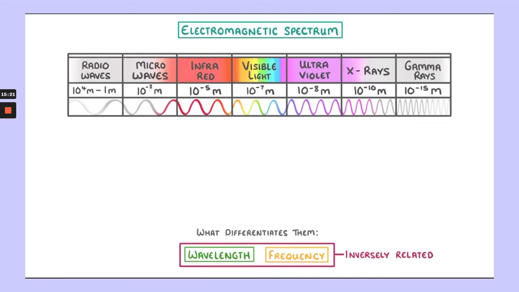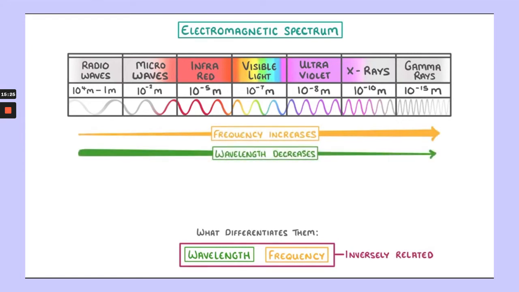So if you read the table from left to right, the frequency increases while the wavelength decreases. So radio waves have the biggest wavelength but the smallest frequency, and gamma rays have the smallest wavelength but the biggest frequency. And to give you a rough idea of the wavelengths, they vary from multiple kilometers for radio waves to less than 1,000th of a nanometer for gamma rays.